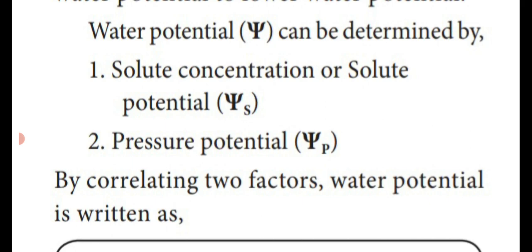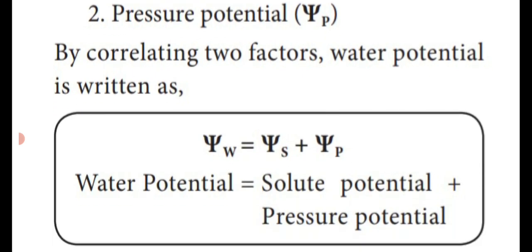The water potential formula is modified: psi W, that means water potential, equals psi S plus psi P. That is, water potential is based upon the solute potential plus the pressure potential.